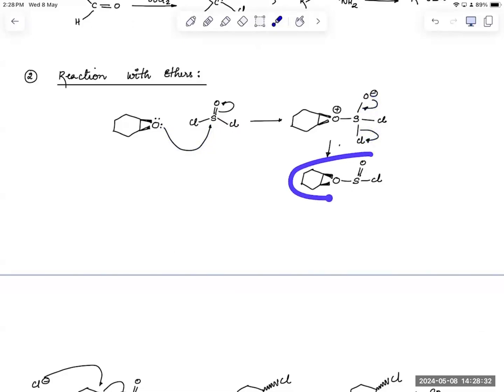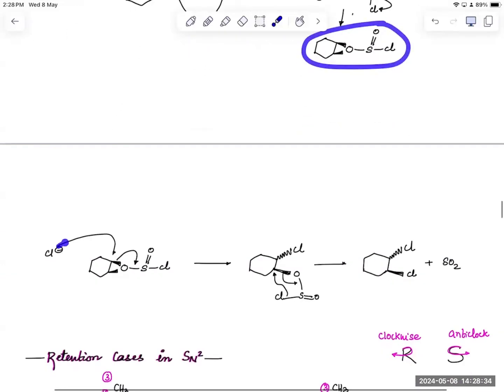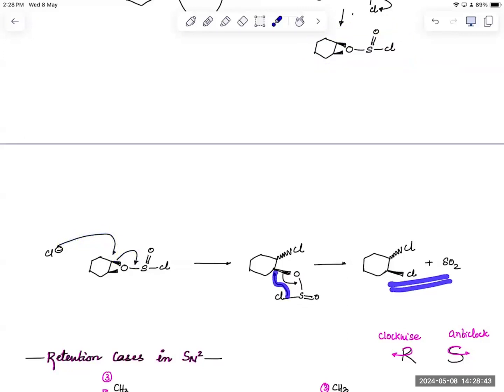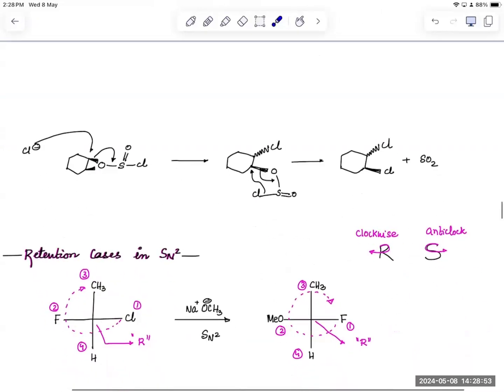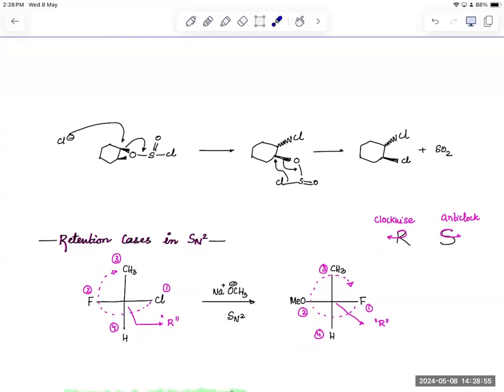Once Cl minus goes away, from there the Cl minus will attack, and this would form here. And here you'll have an internal attack, similar to that of PCl5. Everything is exactly the same as PCl5 here. First an SN2 attack, next an SNi attack. Done with it. This is for ethers.